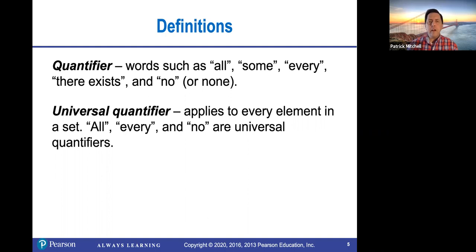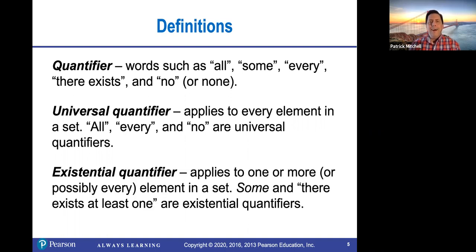A universal quantifier applies to every element in the set. So those would be things like all, every, and no. So when you use a sentence that starts with one of those words, you're saying that the statement that you're making applies to every single one of those things, whatever you're talking about. All right, and then if you want a quantifier that only applies to some of the things, you're using an existential quantifier.